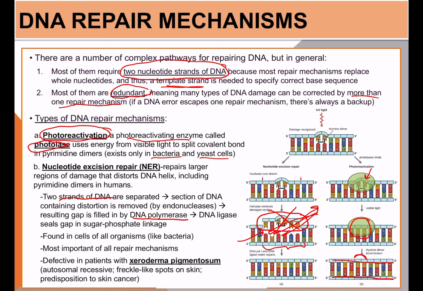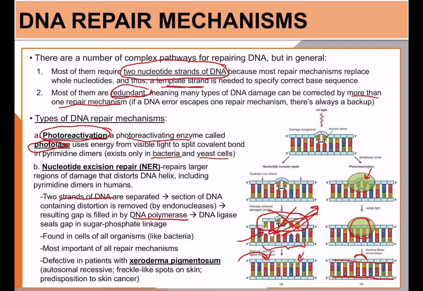And then DNA ligase will come in and ligate those broken pieces of the sugar phosphate backbone to make sure you form those nice phosphodiester bonds again. So again, this is what's found in both bacteria and humans and a lot of other organisms as well.